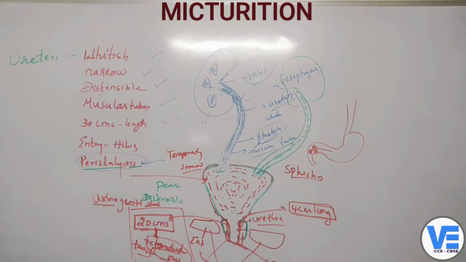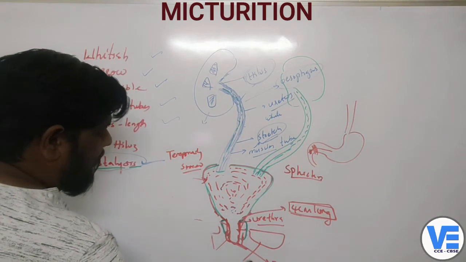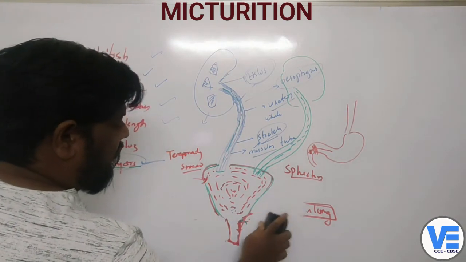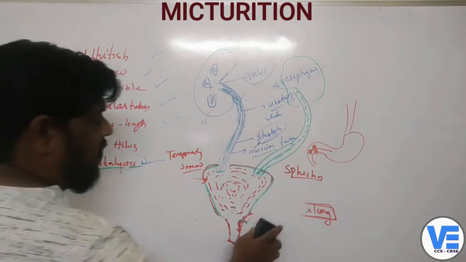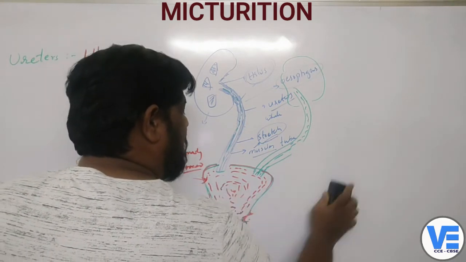Now we'll come to the very important part of this lesson, that is micturition. Children, I hope you understood the three things: one is the ureters, the second is the urinary bladder, and the third is the urethra.